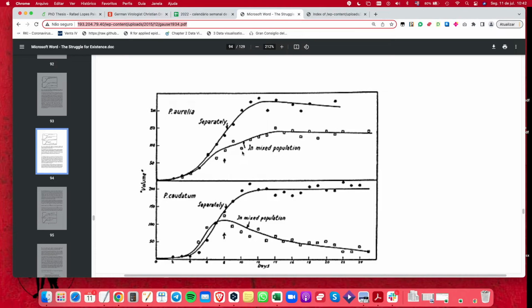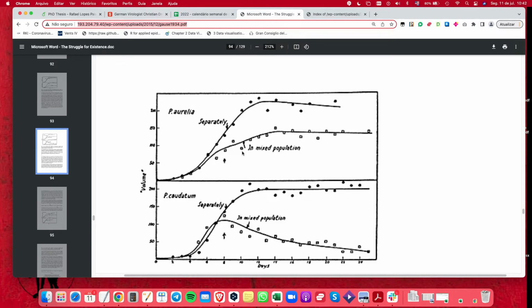And you grow. Actually, then this population of aurelia starts to increase to a point that the competition becomes strong and caudatum gets out because it's not strong enough, let's say, competition-wise.